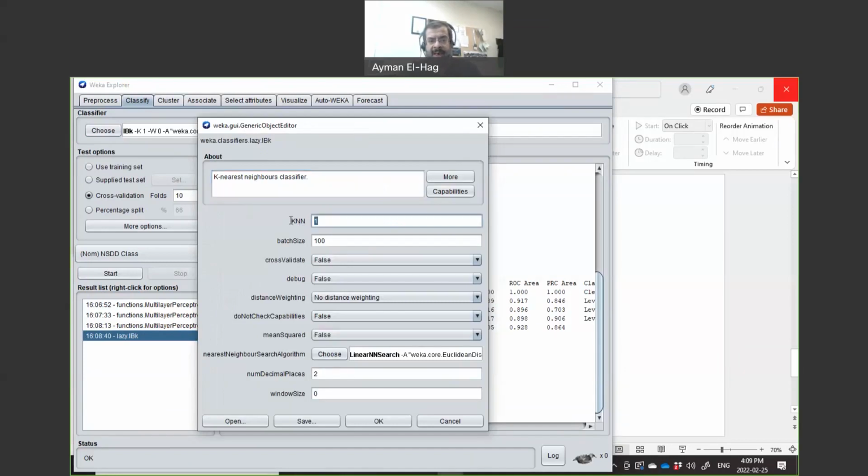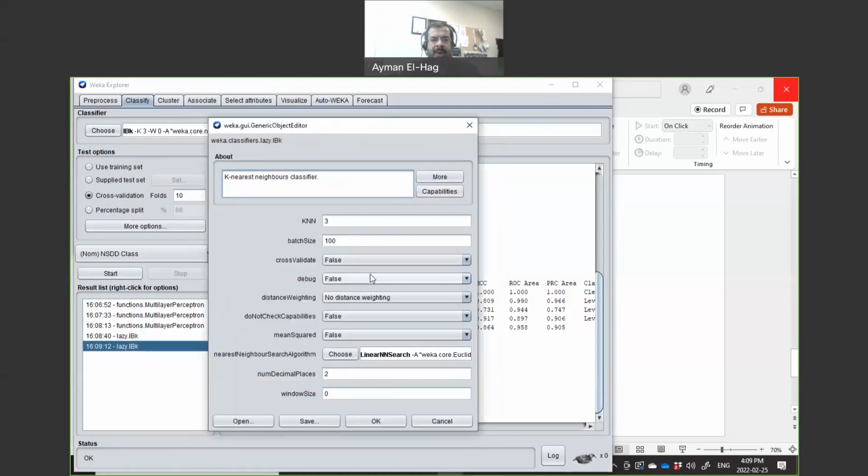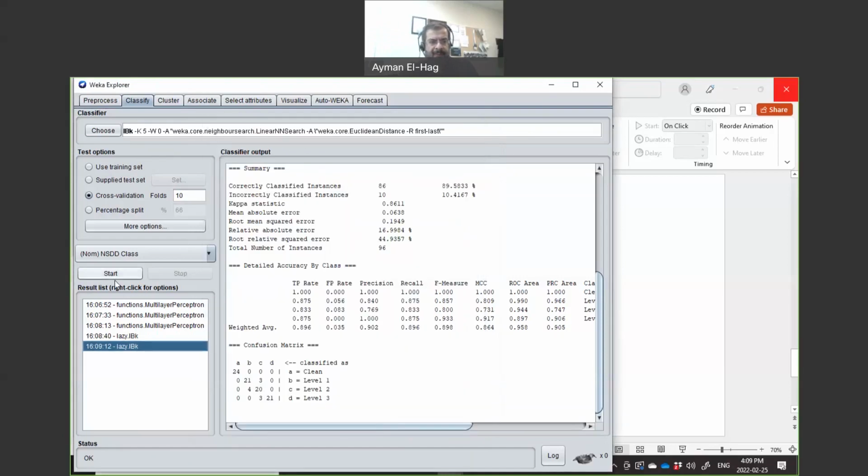If we increase the K to 3, you will see that there is a reduction. So not always does increasing the KNN, the number of neighbors that you check the distance to, improve things. This drops a little bit to 89%. If you go to KNN 5, okay, start. 90%, but still KNN1 is the best.